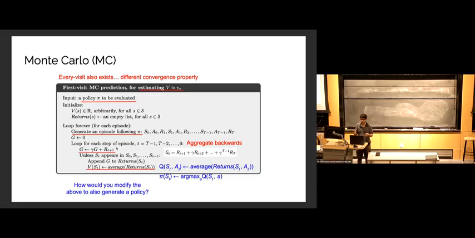So how you compute that is your return for your state t would be the reward at t plus 1 plus your return after state t. So you essentially add all of these returns to their corresponding states, and your value function is computed as the average of all of those returns.